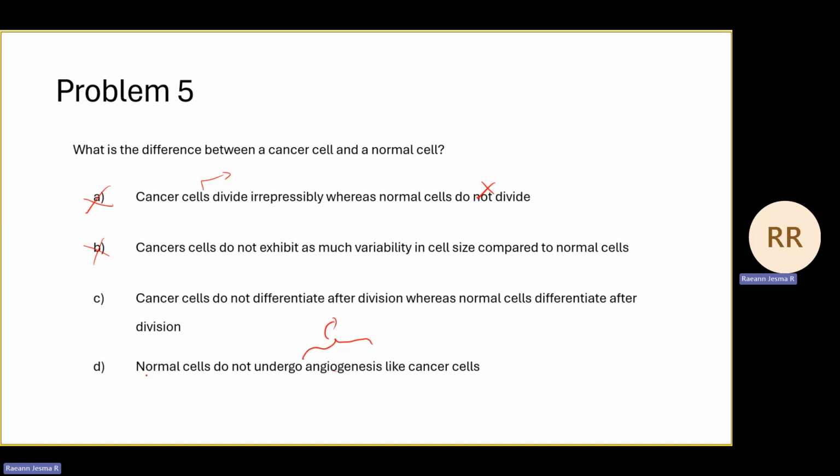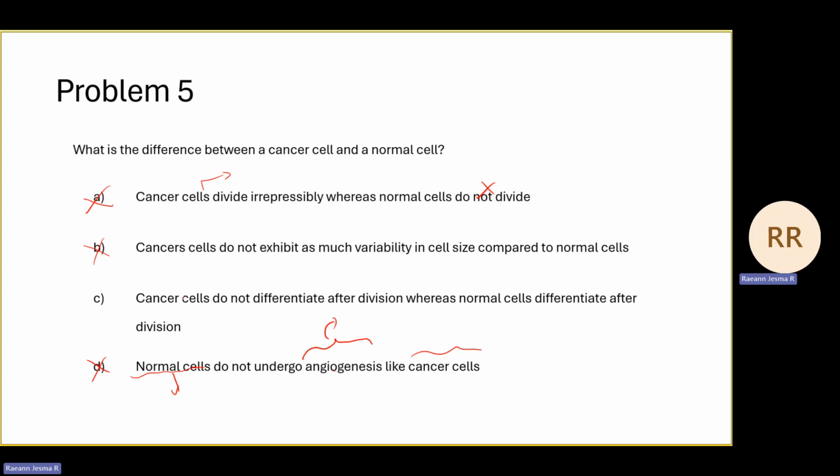So normal cells such as pulmonary cells exhibit angiogenesis. Cancer cells also exhibit angiogenesis. So this option is wrong, as pulmonary cells, which are normal cells, undergo angiogenesis. When cancer cells undergo angiogenesis, they will spread easily throughout the body.